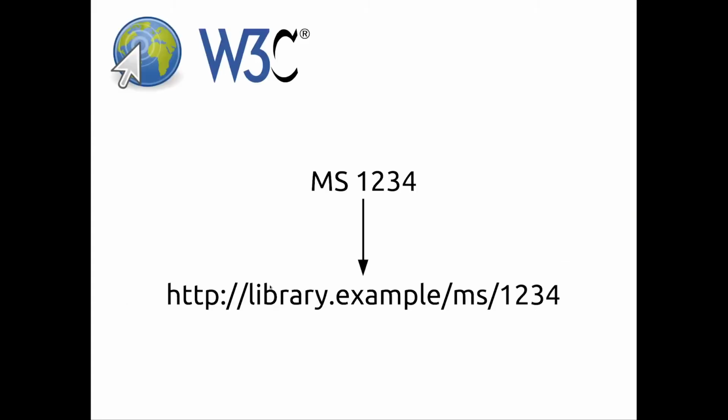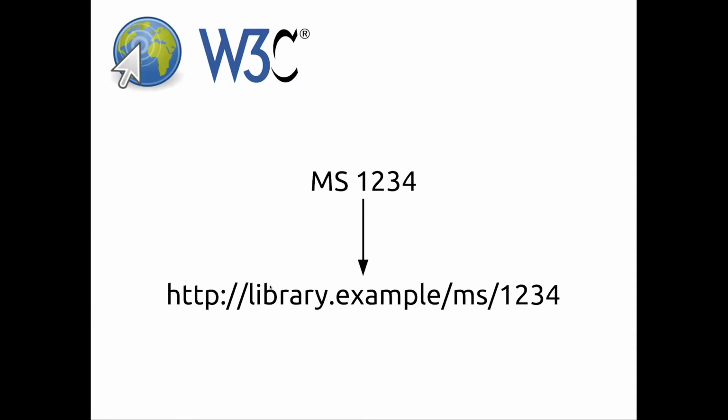So we're taking advantage at this stage of another technology, very popular, of course, in the World Wide Web, the basis of the World Wide Web, which is using web addresses. Instead of using MS1234, I can say, why don't I use a web address pointing to a page about this book? So if somebody doesn't know which book I'm talking about, they can go to that page and find out.